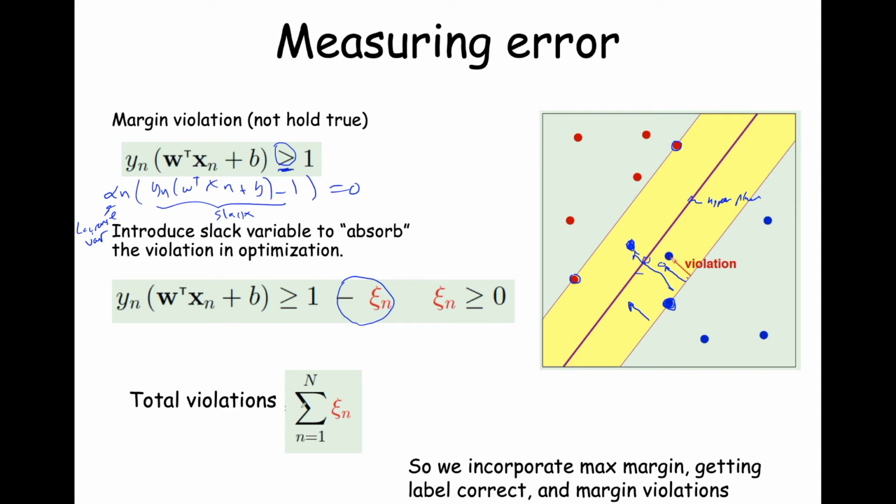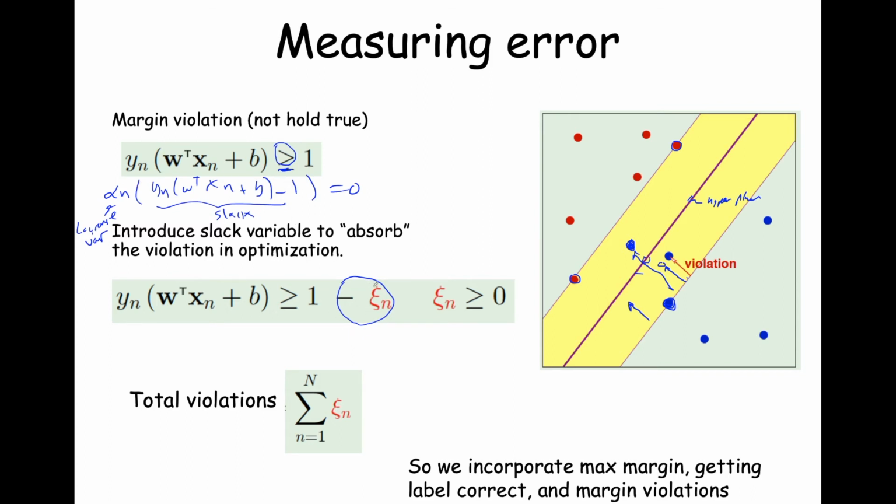So we're going to include this sum for n goes from 1 to big N of all the xi n's, and we're going to include that in our optimization to favor solutions that get the classification correct with a small number of margin violations, allowing for that. So we incorporate the max margin criteria, getting the labels correct, this constraint, but we also include margin violations, these xi n's.